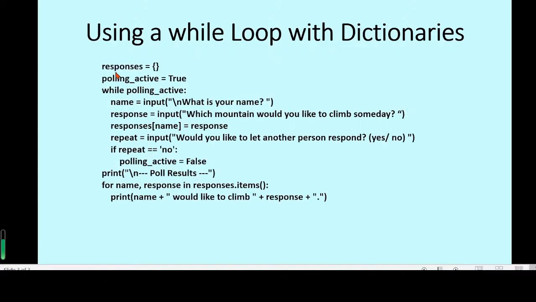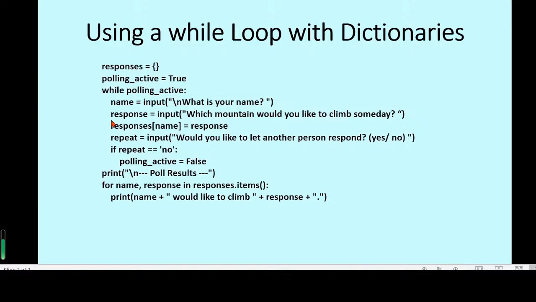So first, we create an empty dictionary, then set a polling active flag to True. So while polling active, the user will see the prompt, what is your name. Then the response is input, and the user inputs the name to the name variable. Similarly, the user will input the mountain information for the response variable.